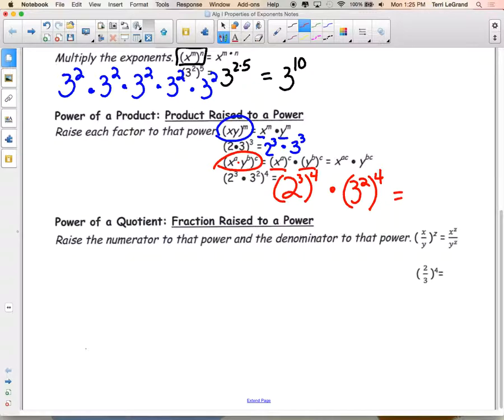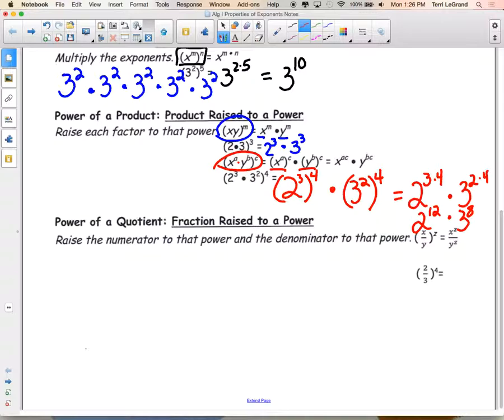So we're going to have 2 to the 3 times 4 power times 3 to the 2 times 4 power, and this is going to become 2 to the 12th times 3 to the 8th. Right now we don't care what 2 to the 12th power is and 3 to the 8th. We're just practicing being able to simplify before we have to use some other strategies to multiply.